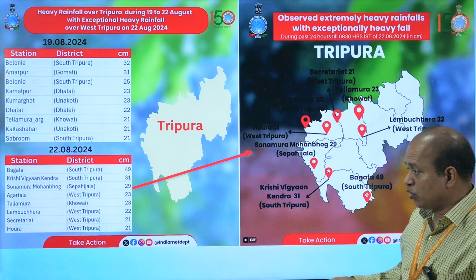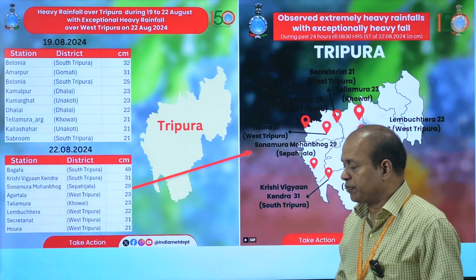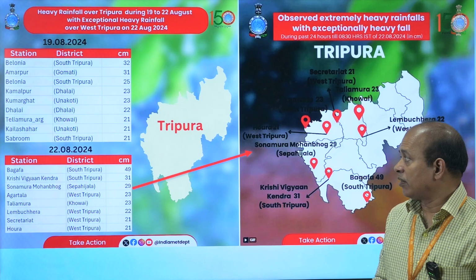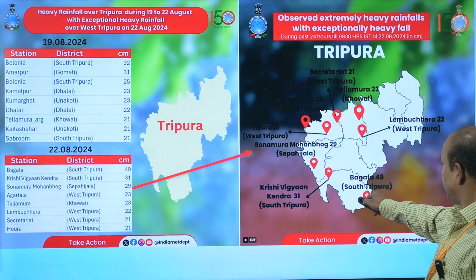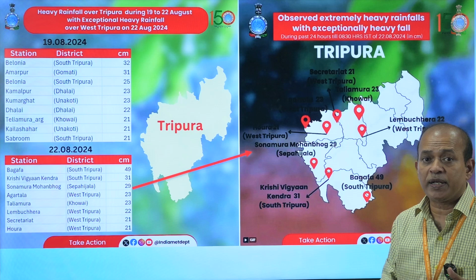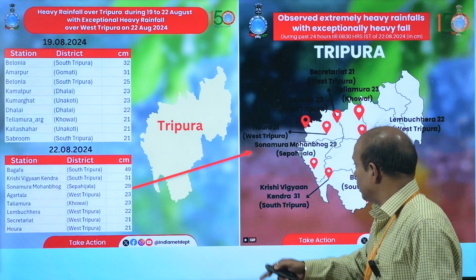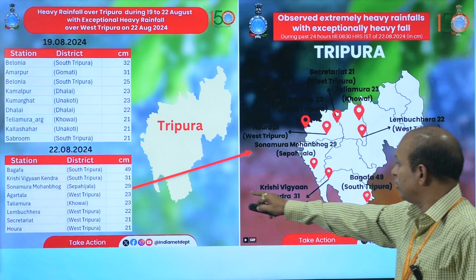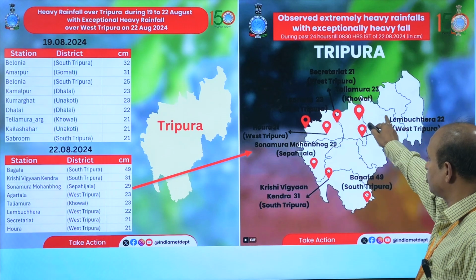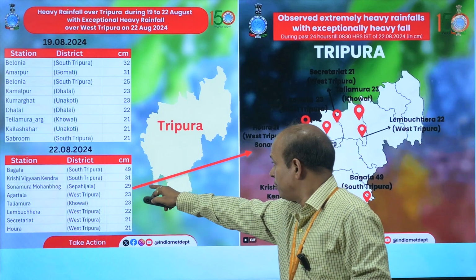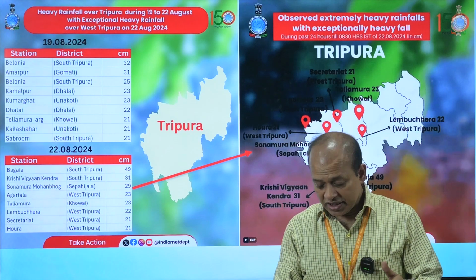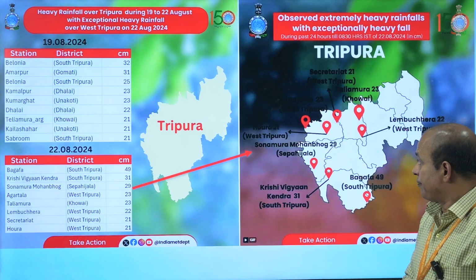And today, 22nd August, this is the rainfall distribution, and one station, Bagafa, over South Tripura, got 49 centimeter rainfall in 24 hours. All other stations also got very heavy, extremely heavy rainfall, and one station got 49 centimeter. That is exceptionally high rainfall.